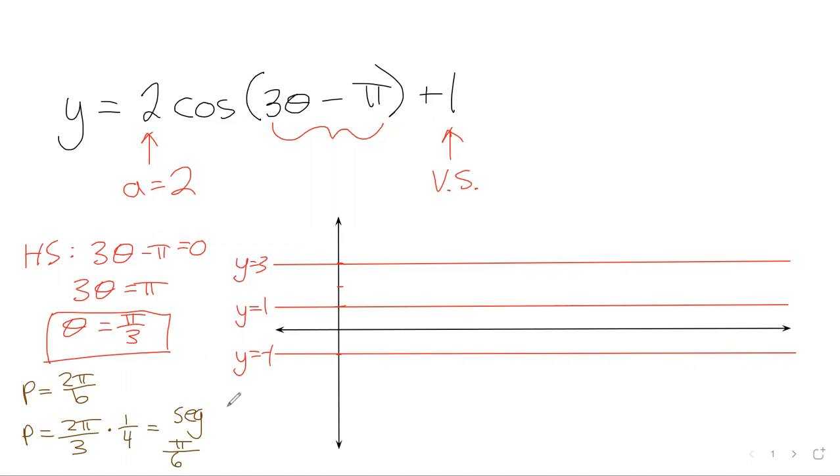Okay, so we have our vertical shift and our amplitude, and we put those in. We have our horizontal shift, our starting point, our period, 2 pi over 3, and then our segment, pi over 6.